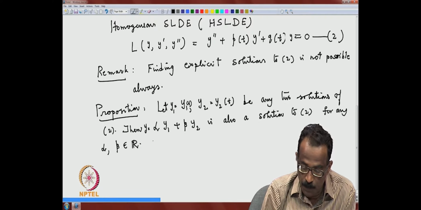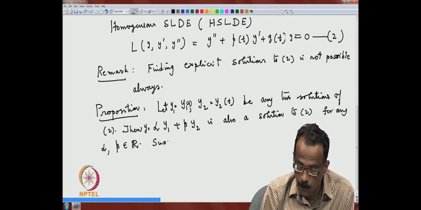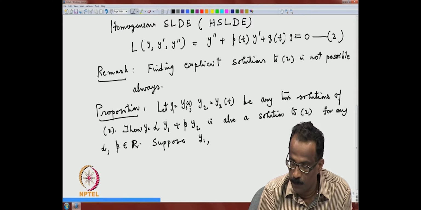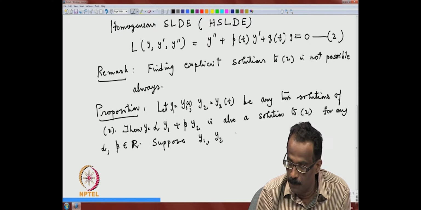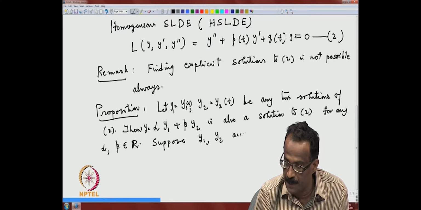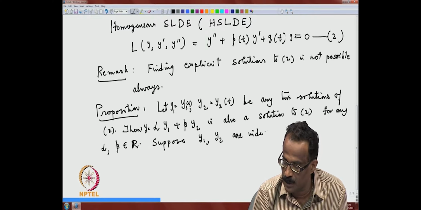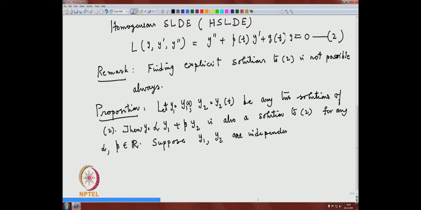Suppose y1, y2 are independent solutions of 2. You understood the concept of independent solutions. In the earlier case we are not demanding that y1 and y2 are independent; for any two solutions, the linear combination is also a solution.